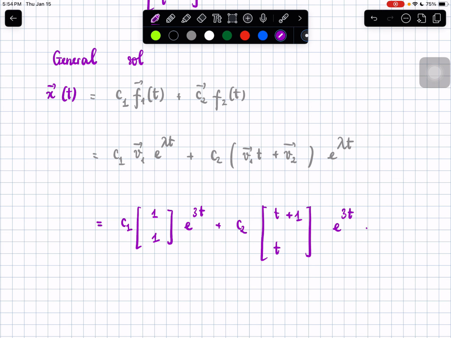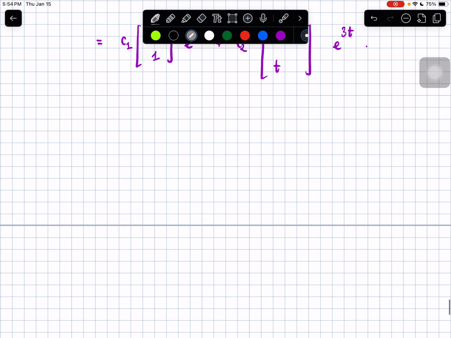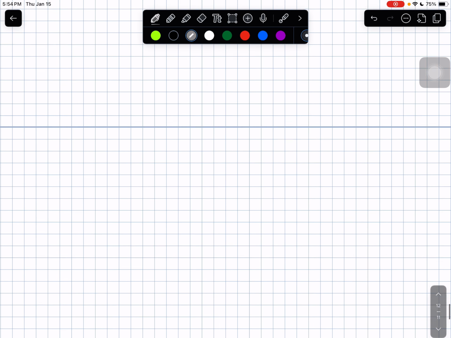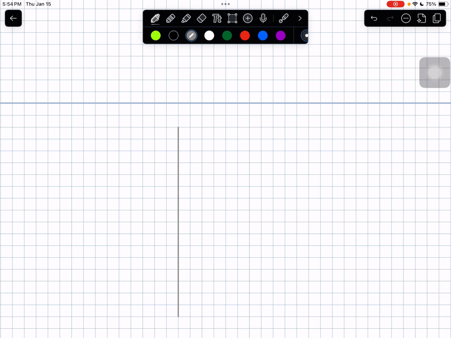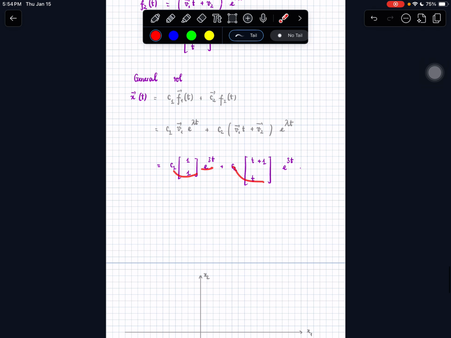Now we can sketch some trajectories. We have two axes corresponding to x1 and x2, the two components of the vector x(t), with C1 times this plus C2 times this for the first, and C1 times this plus C2 times this for the second one, x2.